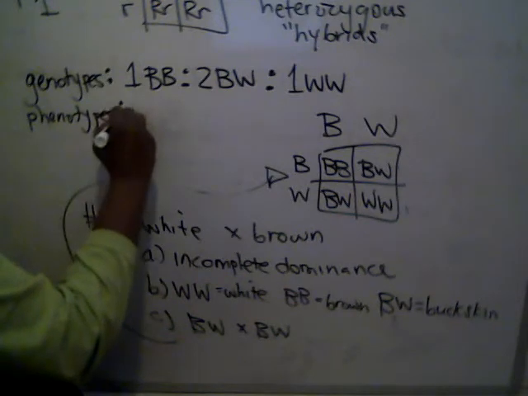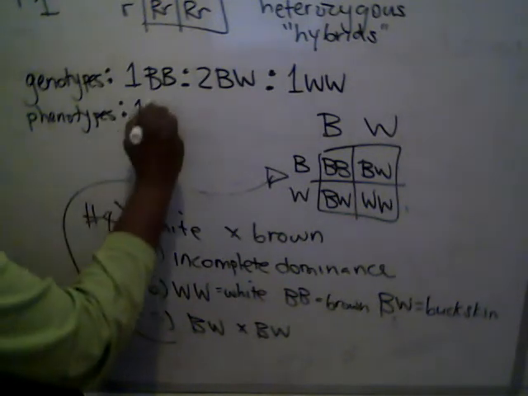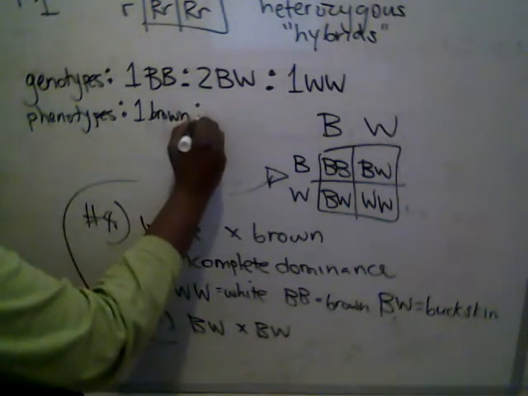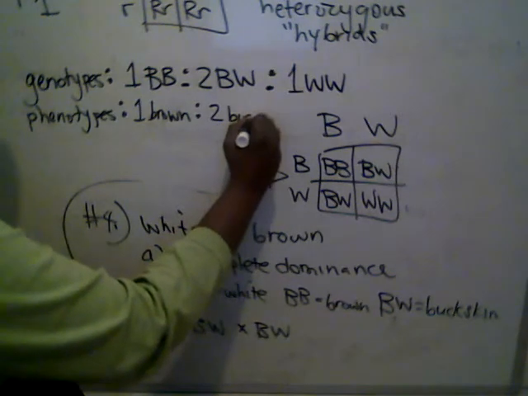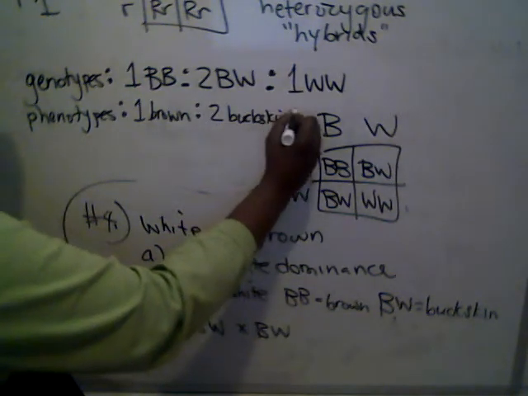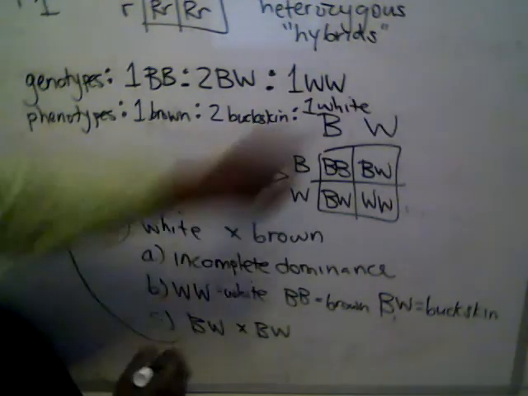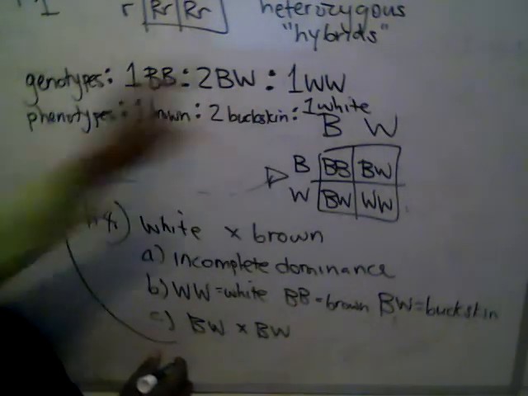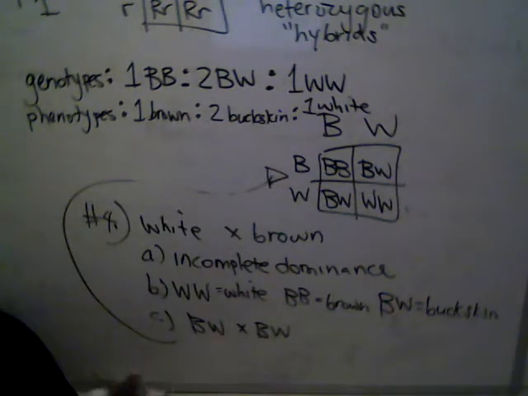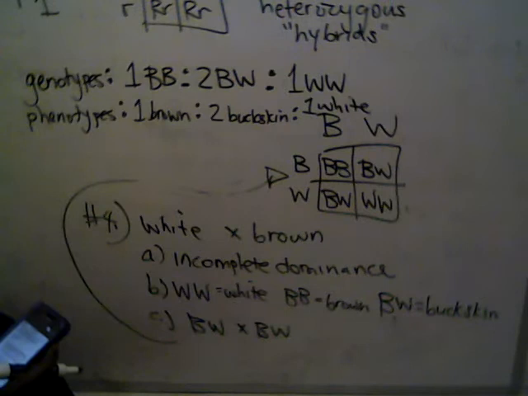So the phenotypes would be 1 brown to 2 buckskin, because if you have 1 of each letter, you're buckskin or you're tan, to 1 white. This one would be white. So those are your genotypes, and then these are your phenotypes for number 4, for part C of number 4.